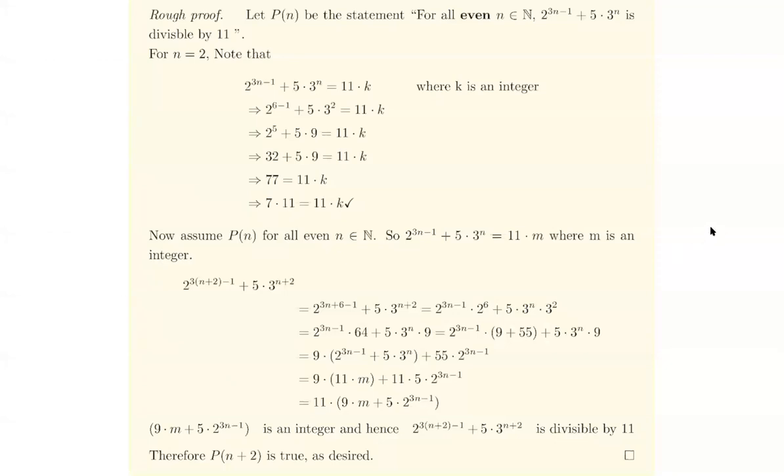Once you're done, you can tell me in the chat what mark you would give to this proof. And I will tell you what mark this proof would get if it were on a quiz or a test.